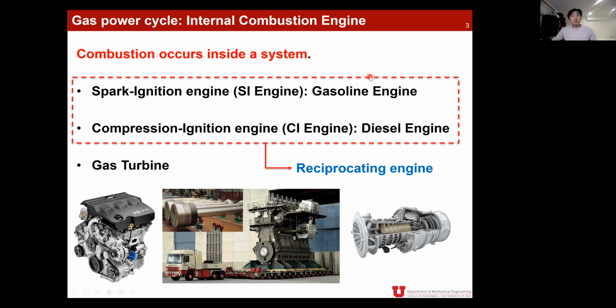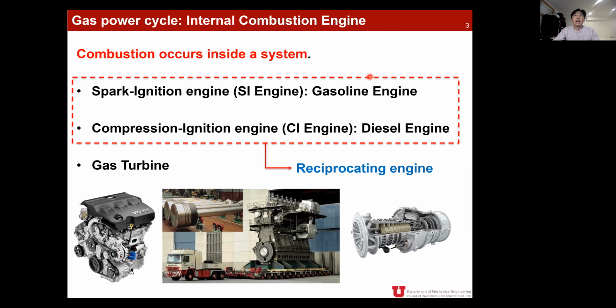Now, let's talk about gas power cycles. There are, in big portion, two different kinds of power cycles. One is external combustion cycles, and another one is internal combustion cycles. The external combustion power cycle is a cycle that has a certain combustion process outside your engine.